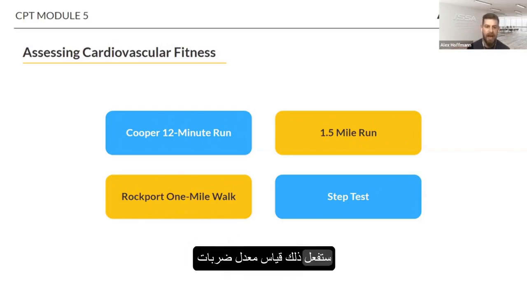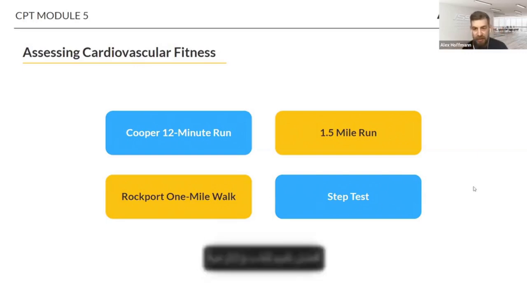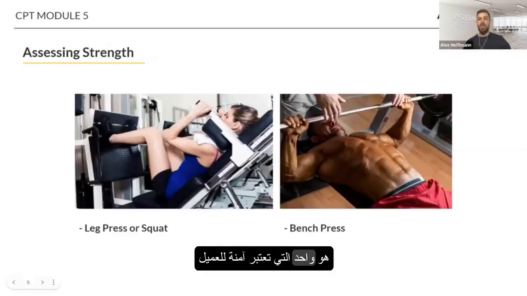And then you would measure their heart rate before and after, and you compare those results to the chart that's in your textbook to identify what their aerobic fitness level is. And with these, the best cardiovascular assessment to use is one that is safe for the client and is one that you feel comfortable with as a trainer and is repeatable for you.